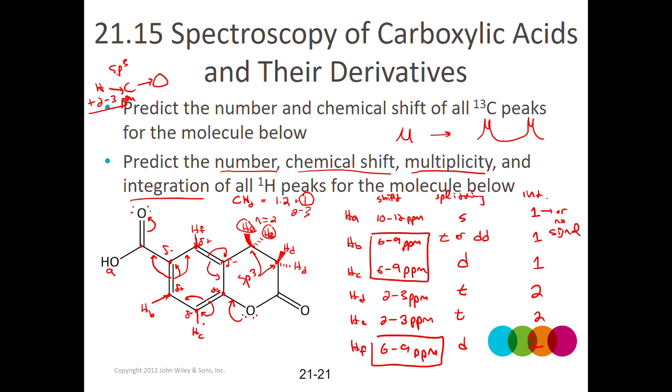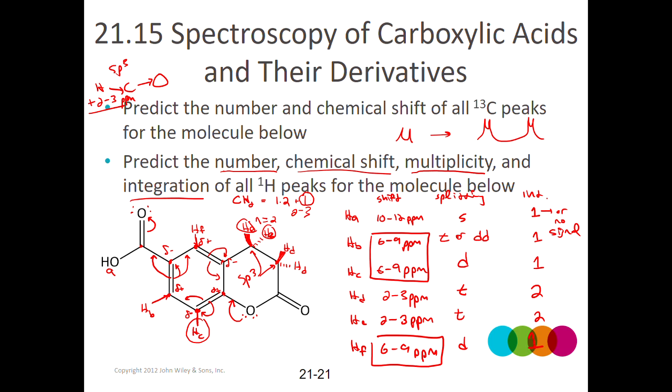So the carbon that HC is on is actually shielded by the oxygen's resonance. And shielding it causes its shift to be a little bit more upfield.